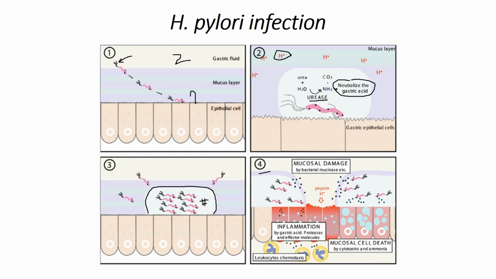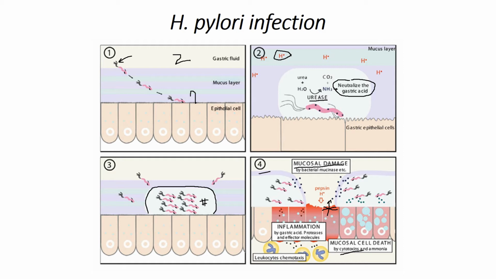But it's also, because it's a bacteria, producing cytotoxins, and these cytotoxins are affecting the epithelial cells themselves. And then once the epithelial cell becomes compromised, then we start getting mucosal damage, primarily because these epithelial cells are no longer able to secrete the bicarb and the mucins that are necessary to protect that epithelial layer.